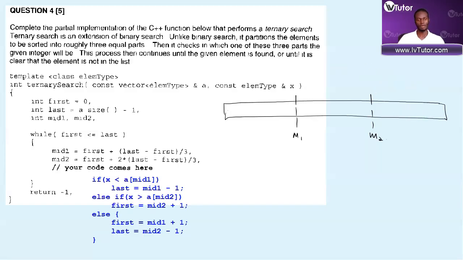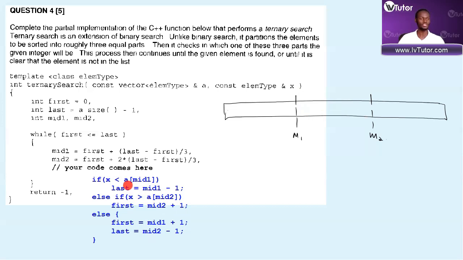So therefore, our first becomes mid 2 plus 1. Otherwise, well, this is the only option left. That means our first becomes mid 1 plus 1, which means our first starts here, and our last ends here, which is mid 2 minus 1, right?